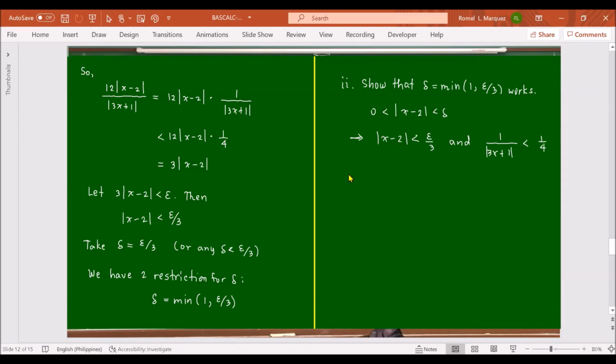Okay? So combining the two, we get abs of x minus 2 times 1 over 3x plus 1 is less than epsilon over 3. Am I correct? Times what? Times 1/4. Okay?